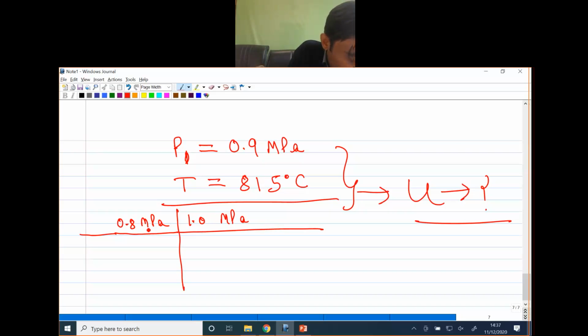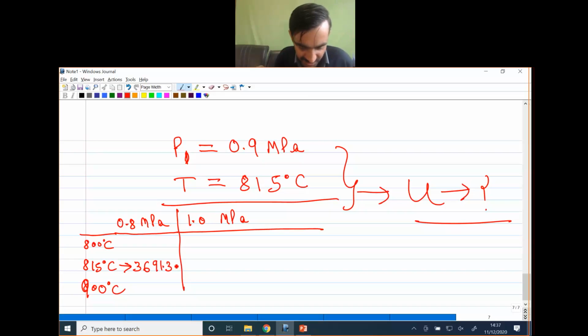Okay, so for 0.8 megapascals, just now we have calculated by using interpolation that corresponding to 815, our value is 3691.3 kilojoule per kg. Now if I go to 1 megapascal, at 800 degrees Celsius and 900, I have to determine 815.